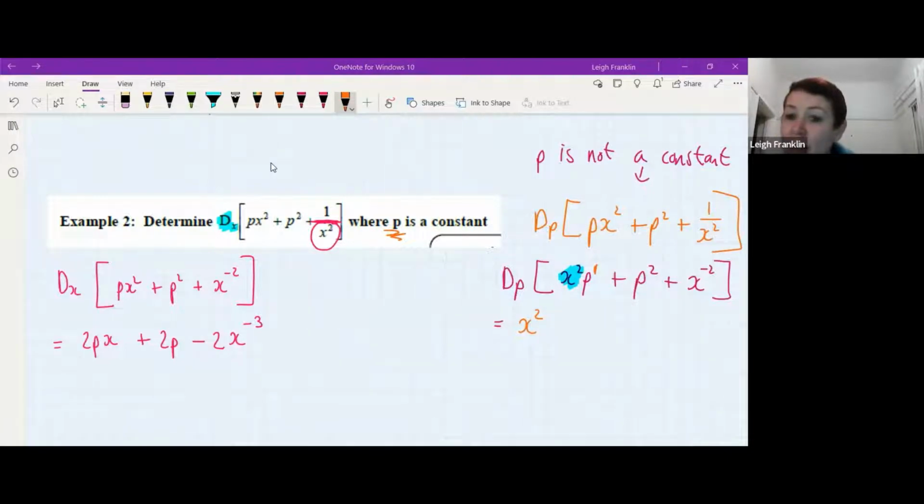Okay, and the next term. Remember, p is not a constant now. So the next term is going to be 2p.